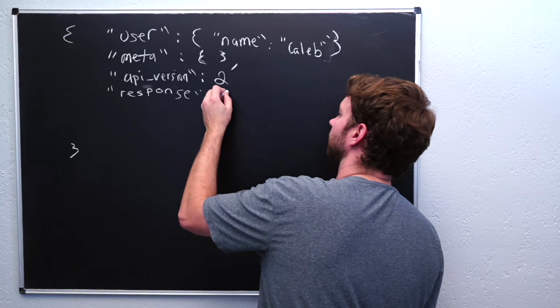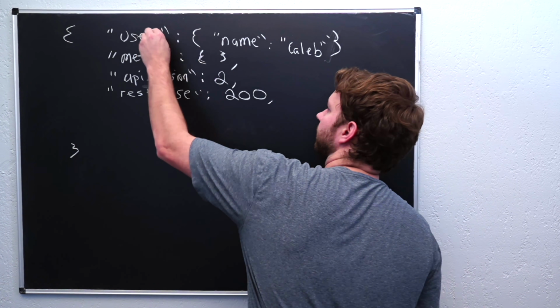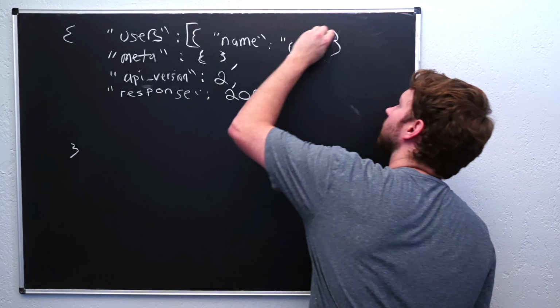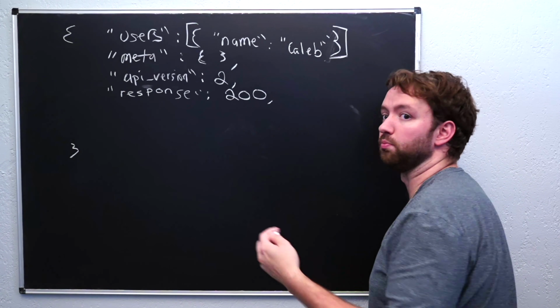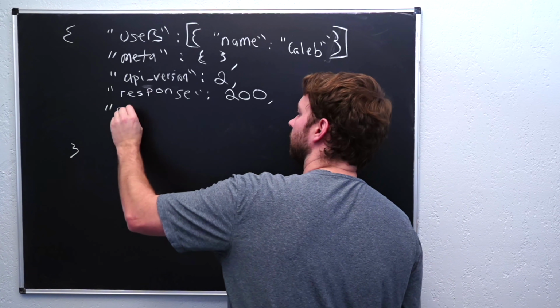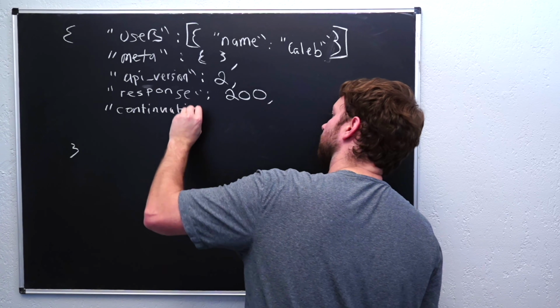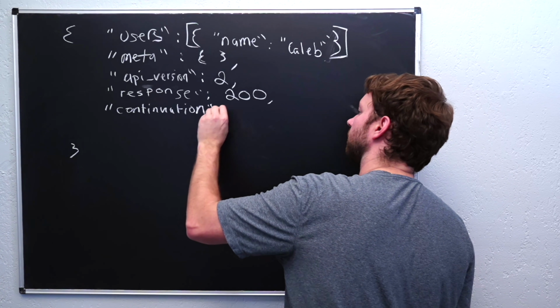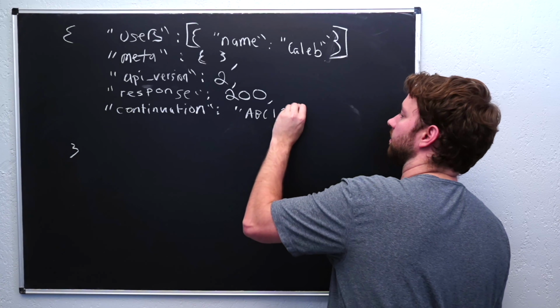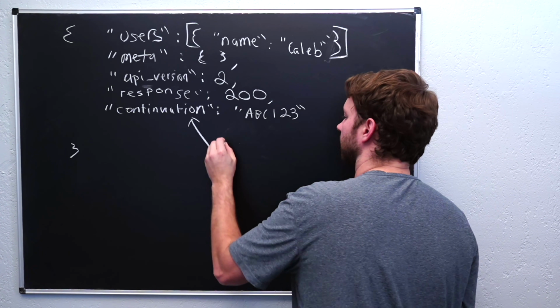So we'll say response 200. Or if we're working with a list of users, maybe we have to do pagination and that information could be included here as well. So we may have a continuation token, and the client can then access this attribute to know how to make another request.